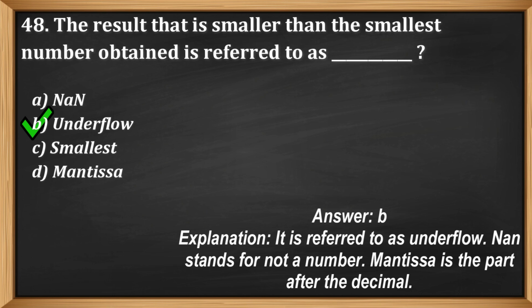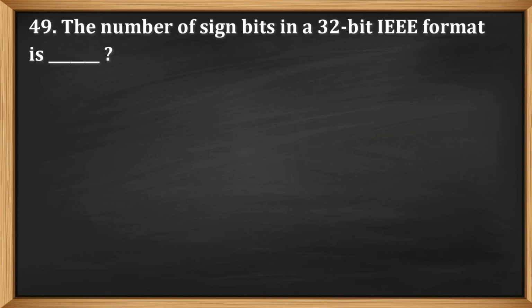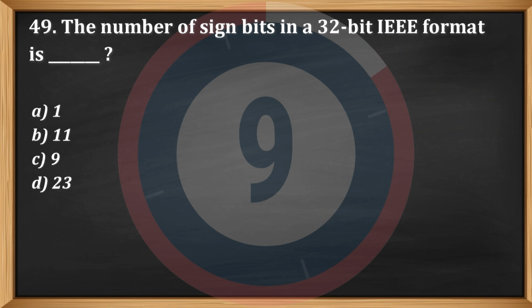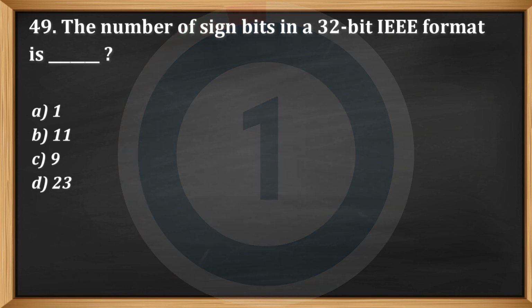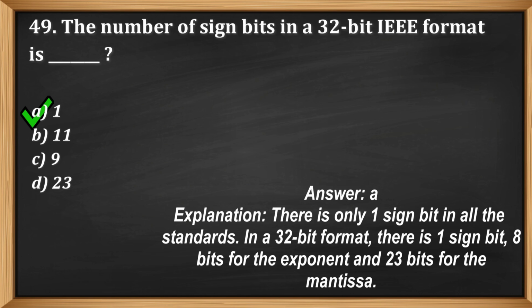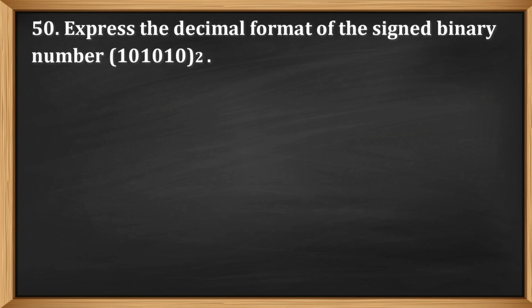The result that is smaller than the smallest number obtained is referred to as option B, underflow. The number of sign bits in a 32-bit IEEE format is option A, 1.